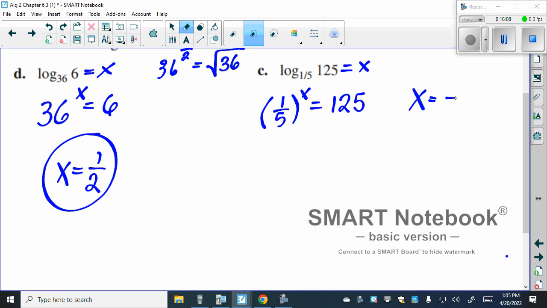Because here, if I move the 5 up, we're saying 5 to the negative x, because 1/5 and 5 to the negative x would be the same, and we're looking at 125.